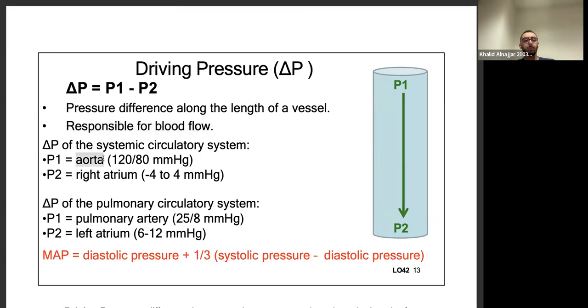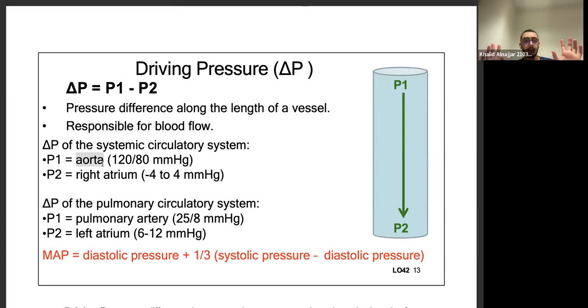Take, for example, the aorta. That's P1. And P2, or pressure number 2, is the right atrium. Why the right atrium? Because it's the starting point and the ending point of the blood. The aorta is the starting point of our blood. Blood comes fresh, pumped from the left ventricle to the aorta.